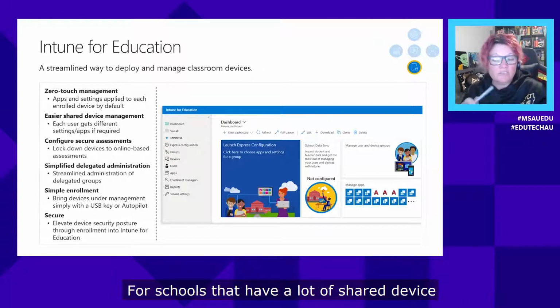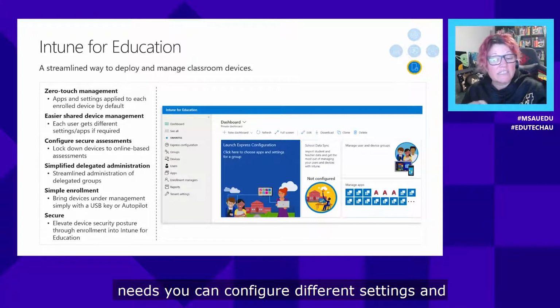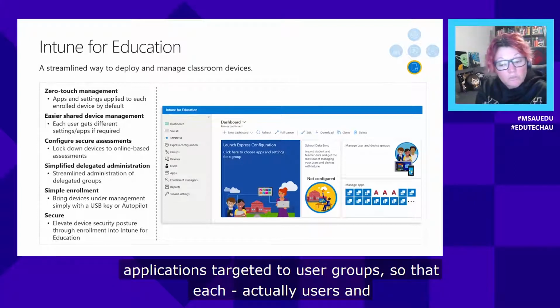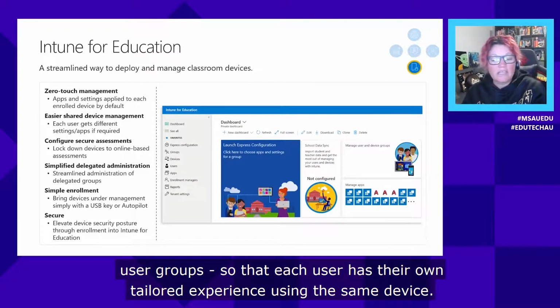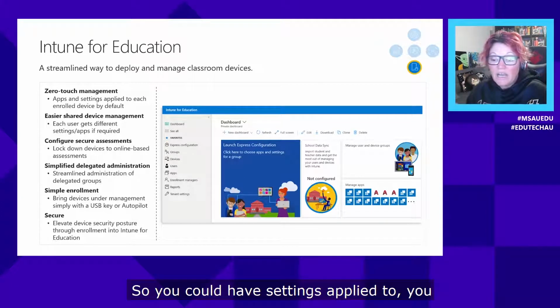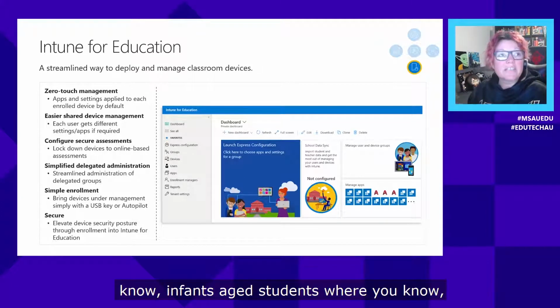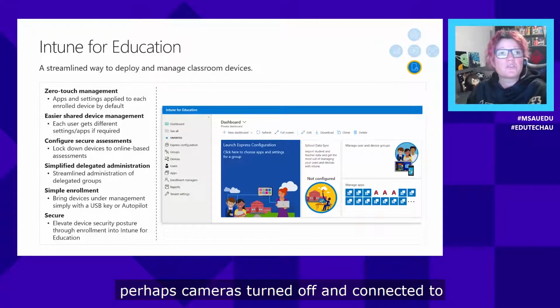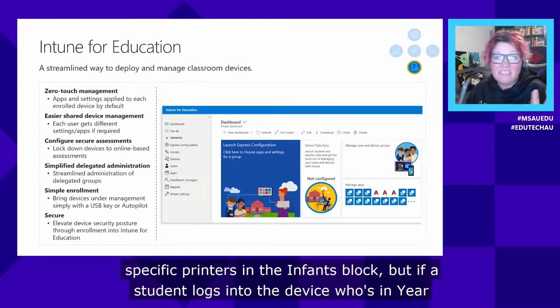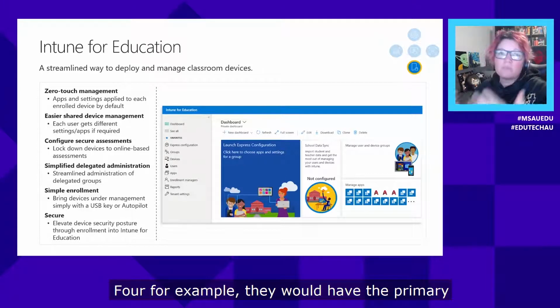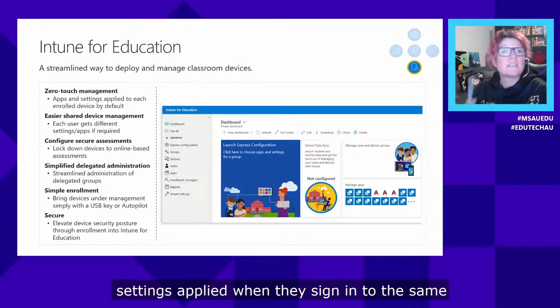For schools that have a lot of shared device needs, you can configure different settings and applications targeted to users and user groups, so that each user has their own tailored experience using the same device. So you could have settings applied to infants age students with perhaps cameras turned off and connected to specific printers in the infants block, but if a student who's in year 4, for example, logs into the device, they would have the primary settings applied when they sign into the same device.